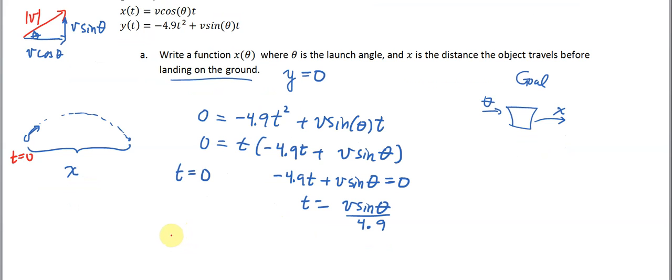So in my equation, I get x is equal to v cosine of theta times t. But t is equal to v sine of theta over 4.9.